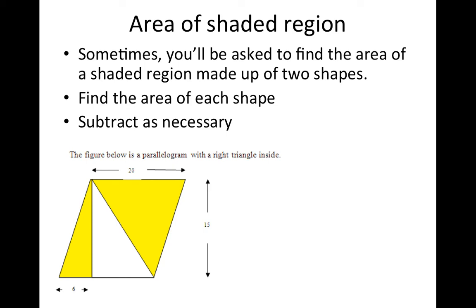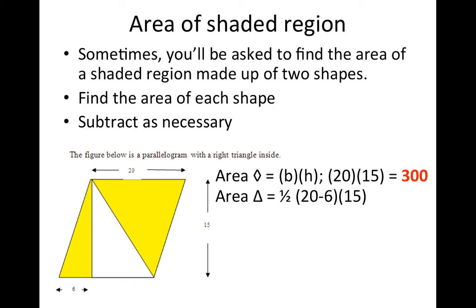And I want to find the area of the stuff shaded in yellow. So my first step is to find the area of a parallelogram, which we know is base times height. So in this example, my base is 20 and my height is 15. So I can substitute those in, and I get that the area of the entire parallelogram is 300.